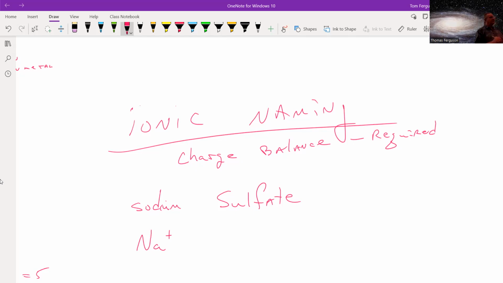Look on the right and kind of in the middle. Exactly. Now, SO4 as a group, one sulfur, four oxygens as a group have a charge of minus 2. The whole thing. Think of parentheses.